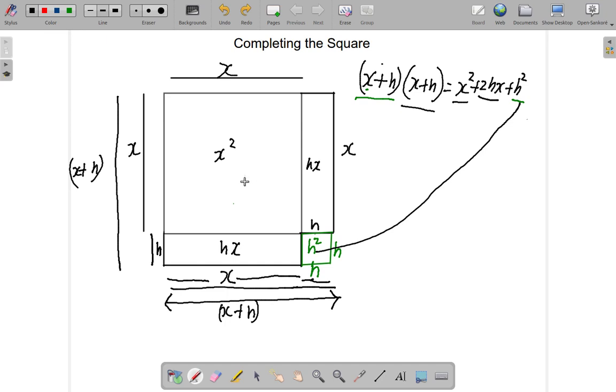The coefficient of x is whatever multiplies x. What multiplies x was 2h. Half of 2h, same as dividing by 2, the 2 cancels the 2. So what you add here was h, half the coefficient of x, and then you square it.